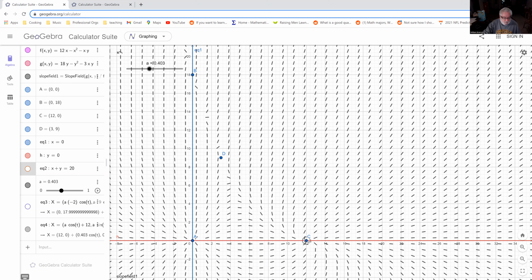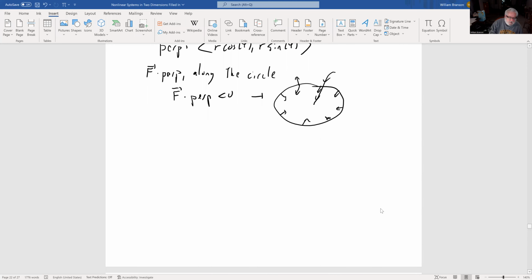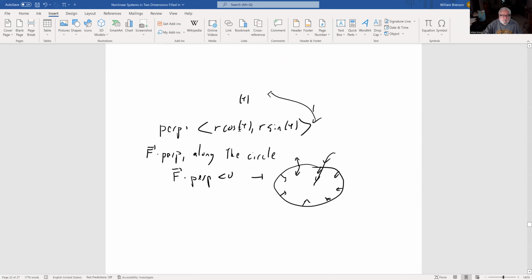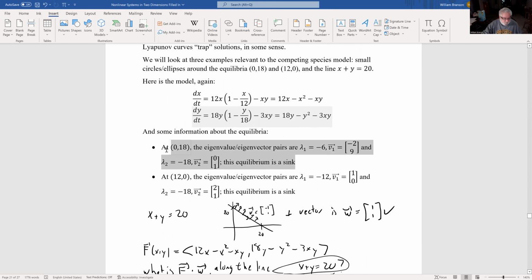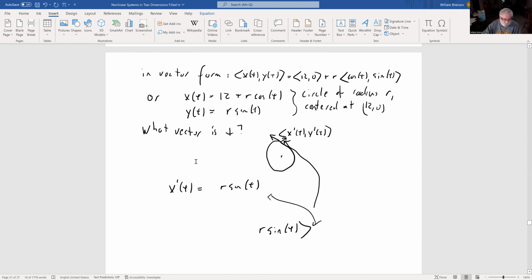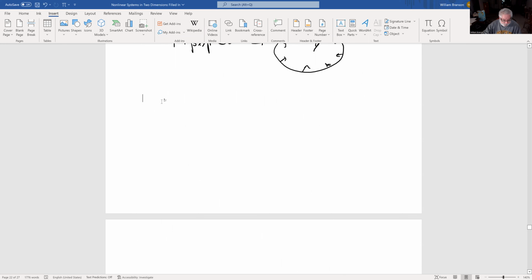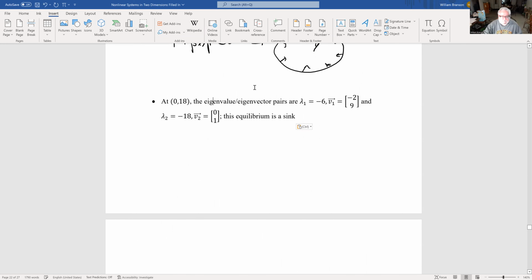Now, let's go back to a Word document. What about ellipses? So I'm going to go up and grab this piece of information. So at 0, 18, what do we have?